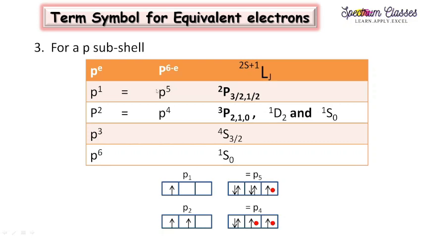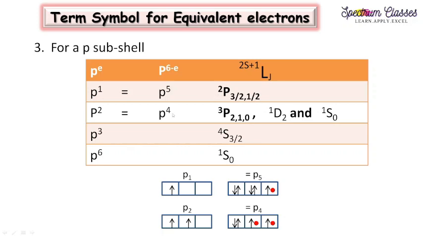Now coming to the P1 and P2. Here I am just giving you another trick for P1 or D1. So P1 gives you P, and number of electrons 1, so 2 will be there. So 2P is the ground state term symbol for p1. Now coming to the d1, that I will discuss in the next slide. There you will get 2D. So 2D will be the term symbol.